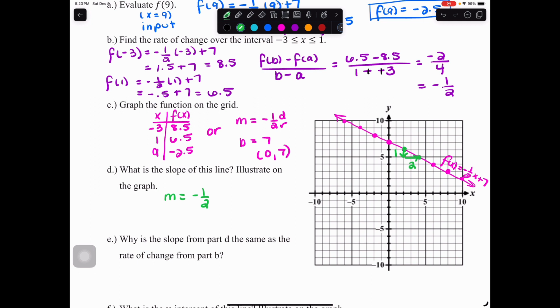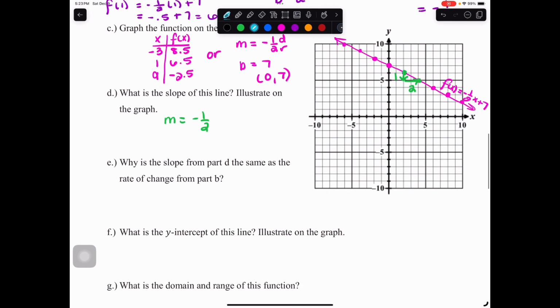And then if we look at E, it says, why is the slope from part D the same as the rate of change from part B? In part D, we got -1/2 for our slope. And if we look back up to where we found the rate of change over the interval -3 is less than or equal to x is less than or equal to 1, we got the same exact answer.